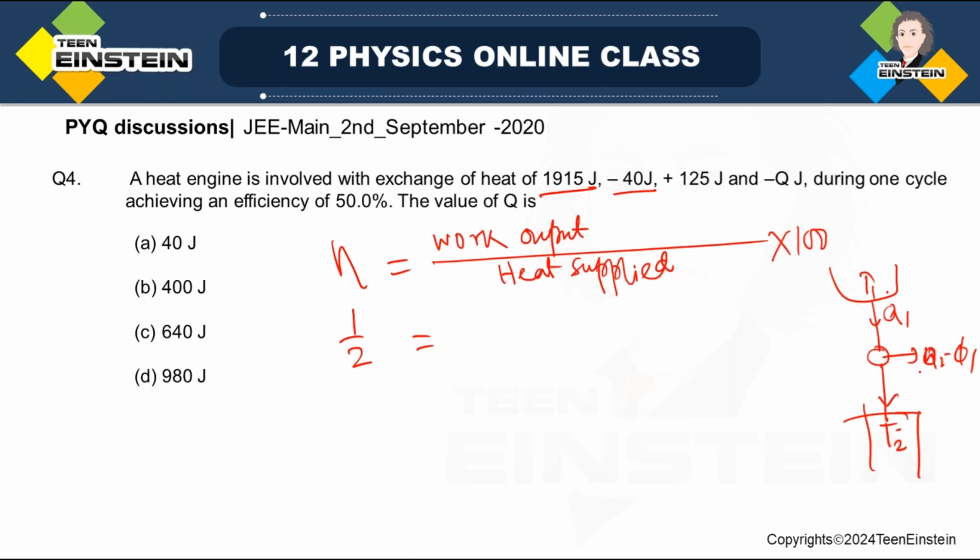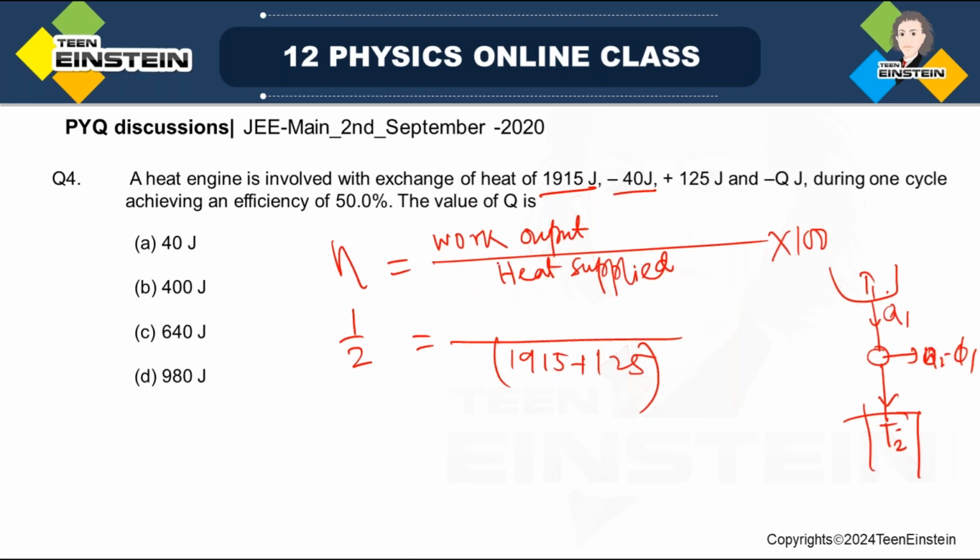So in this given problem, whatever positive heat you can see, those are the heat supplied. These are the heat supplied. And what about the work done?